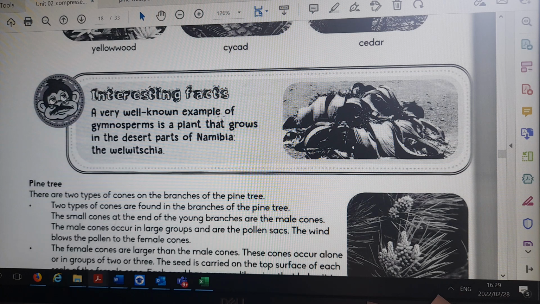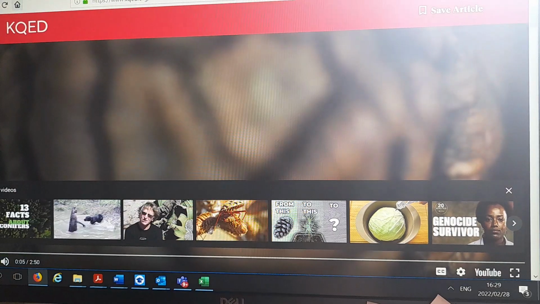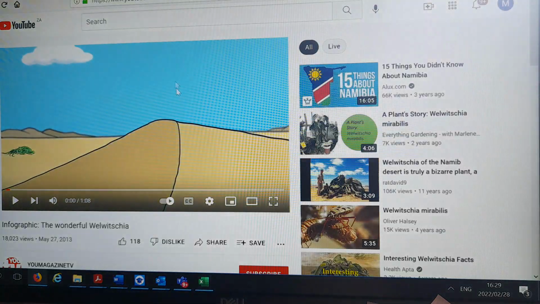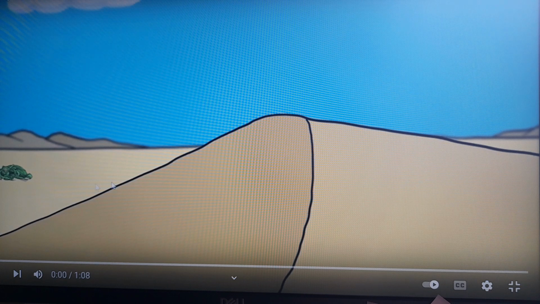Let me show you the welwitschia. I would like you to have a glimpse of this plant. Here is the plant, the welwitschia.